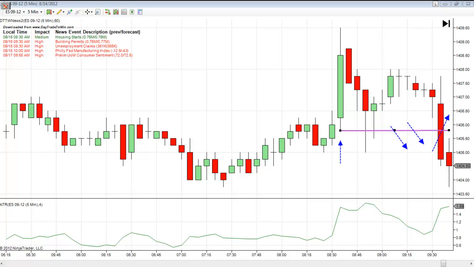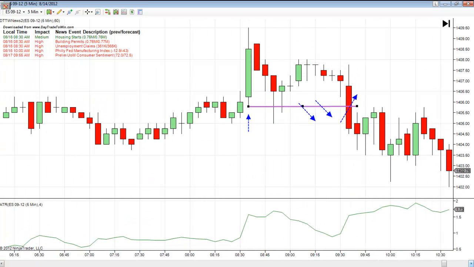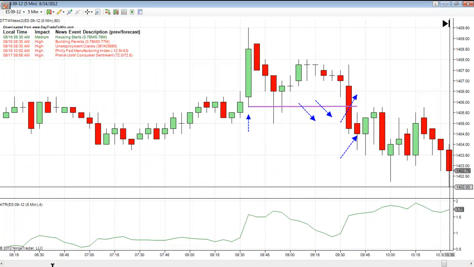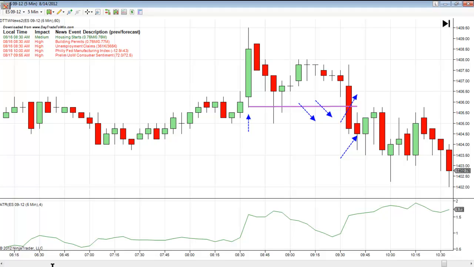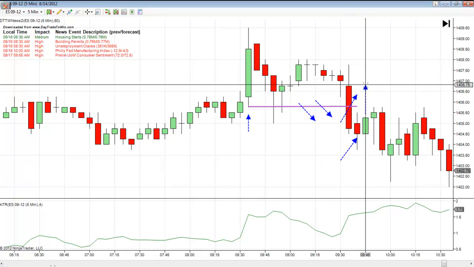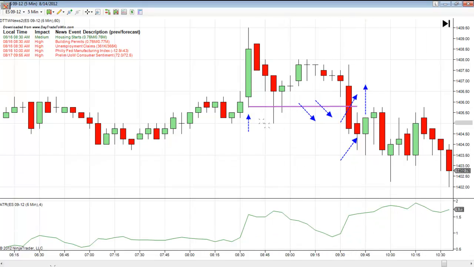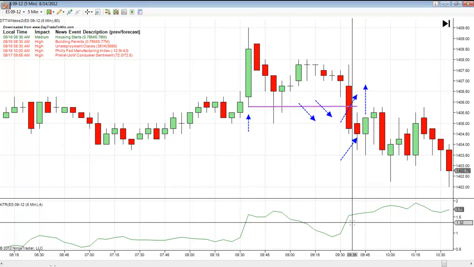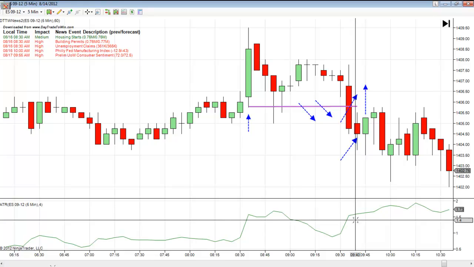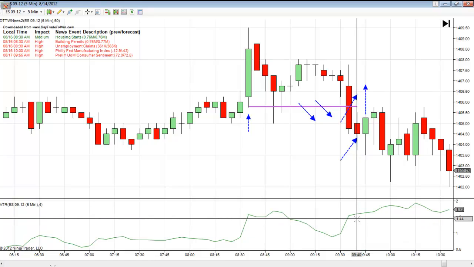Okay. Now, the entry, I forget who asked the question here. Where's your stop? Okay. My stop is going to be the first close back above the low here. Okay, 1405.75. I enter at the actual close of the second bar, not the low, for example, right?